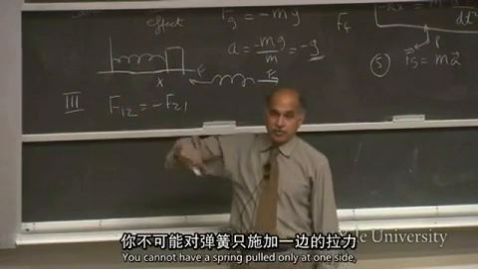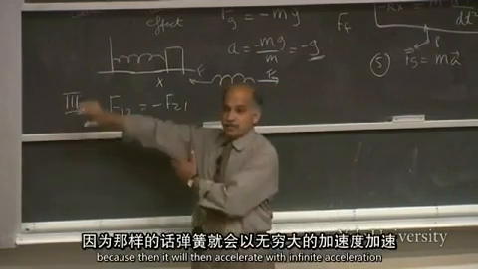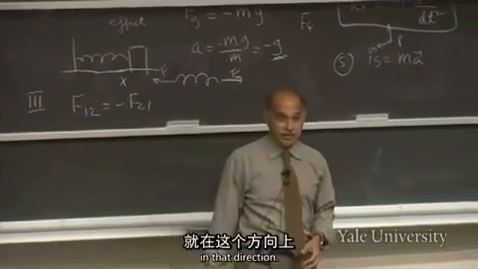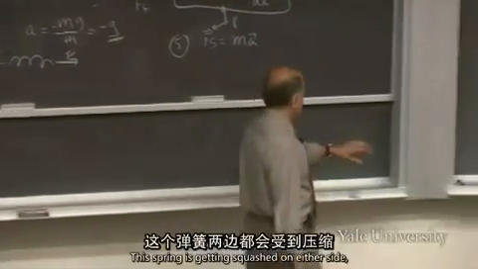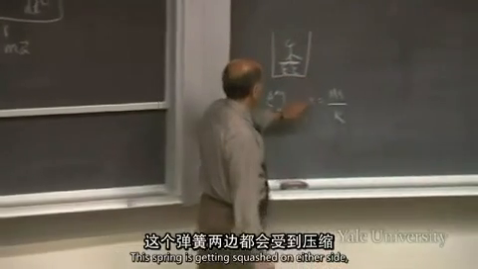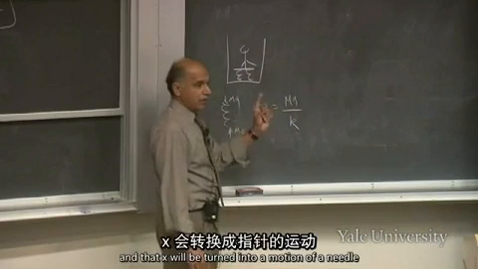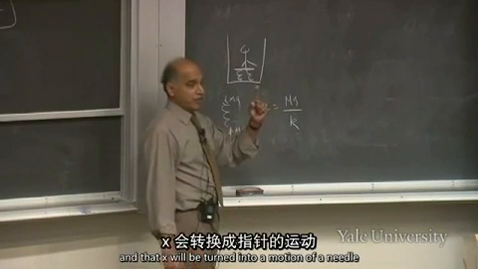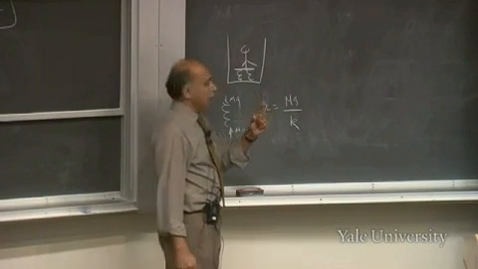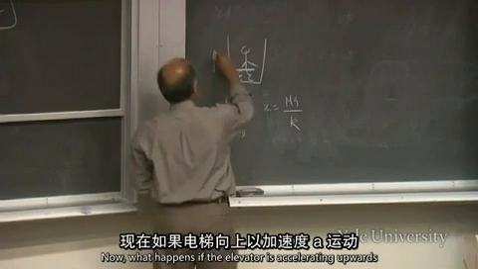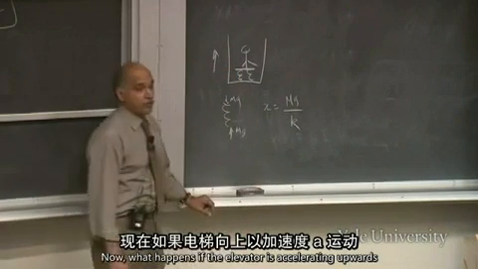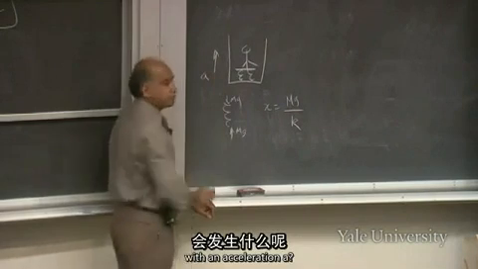But you cannot have a spring pulled only at one side, because then it will accelerate with infinite acceleration in that direction. So this spring is getting squashed on either side, and it will squash by a certain amount x that depends on your mass, and that x will be turned into a motion of a needle, and that will read your mass. Now what happens if the elevator is accelerating upwards with an acceleration a?